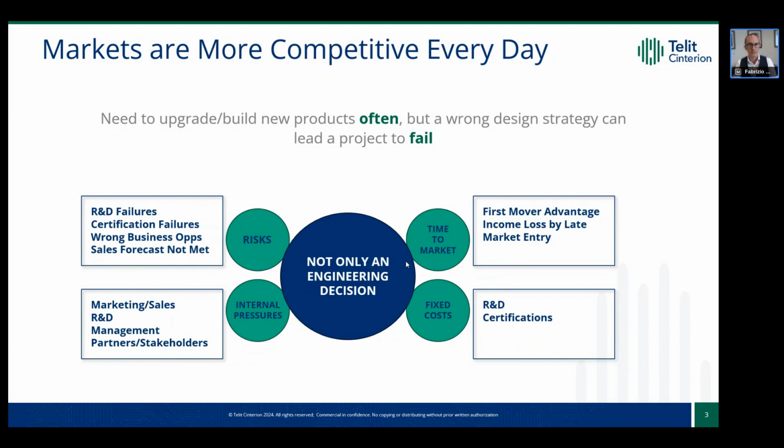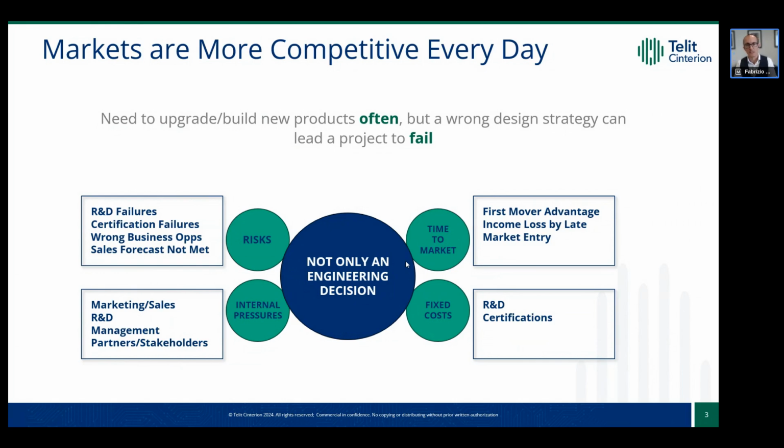For example, when considering the time to market, that's quite important. Different approaches have different time to market that could be quite different. You know that having a shorter time to market can give you the first mover advantage that can bring your project to succeed in the market. Also, being late in the market can cause you a loss in income, of course.